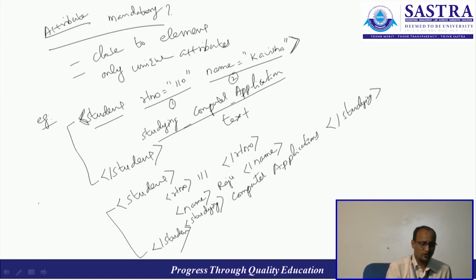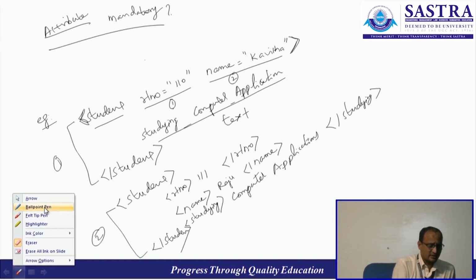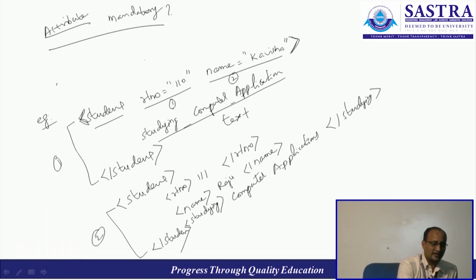This is one student record, and this is another record. So I have to make a root tag for this. What is that? A relevant one: students, or student underscore computer applications underscore CA, and it is closed properly.